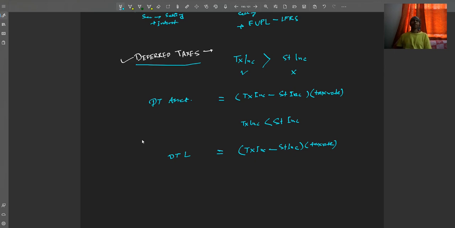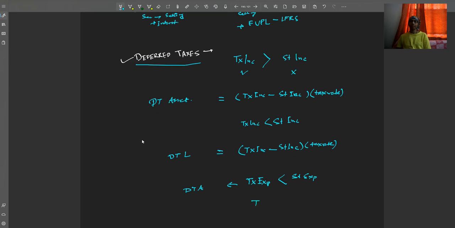Let's say income is the same for both, right? But for taxation purposes, certain expenses are recognized which are less than the expenses in the income statement. So, for taxation purposes, the expenses mentioned are less than the statement expenses. This also results in deferred tax assets, provided the income is constant.